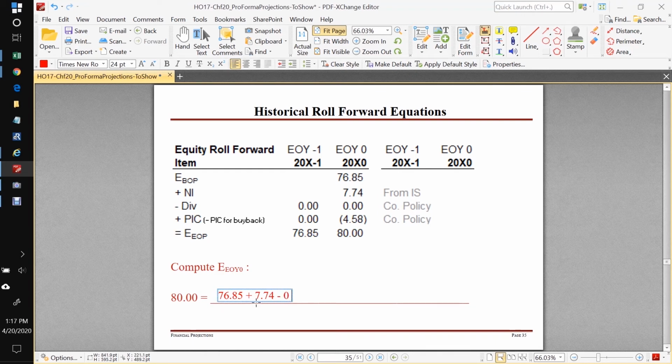Remember, they haven't been issuing dividends, and minus 4.58. That, again, remember, they had a little share buyback. They had an investor who wanted to leave. They bought some shares back. That was fine. So that's what we've got there.